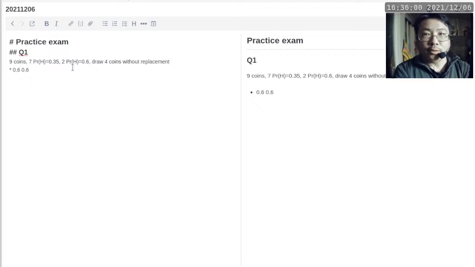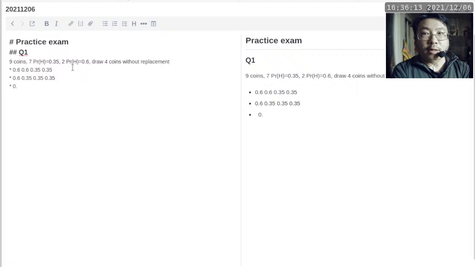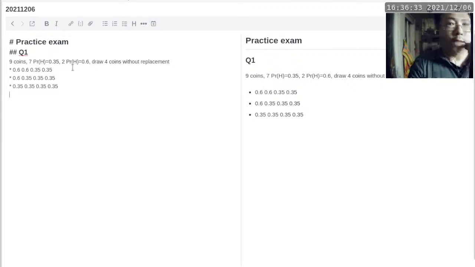So we can have 2 of both of those, and then the other 2 would be the other kind, and then we can have only 1 of those, and then the other 3 would be of the other kind, and then we can have 0 of the 0.6 ones, and then everything that we picked from the purse are the 0.35 types. So these are the 3 combinations that would make sense to us. Do we have any questions about why we have these 3 combinations of coins? Right, so at this point, order does not matter. Order does not matter in this case.